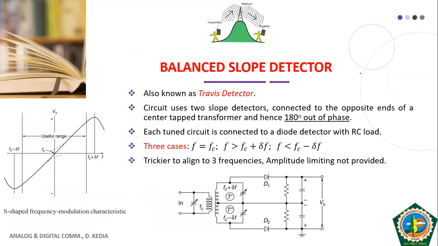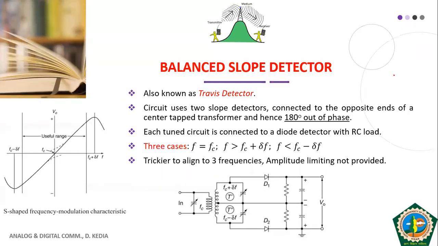So students, after the basic slope detector, we now move to the balanced slope detector. I told you in the previous slide that your basic slope detector is very simple, and it gives us a path to understand the advanced circuits of FM demodulation. But your basic slope detector suffered from the problem of non-linearity, because it was linear for a very limited range.